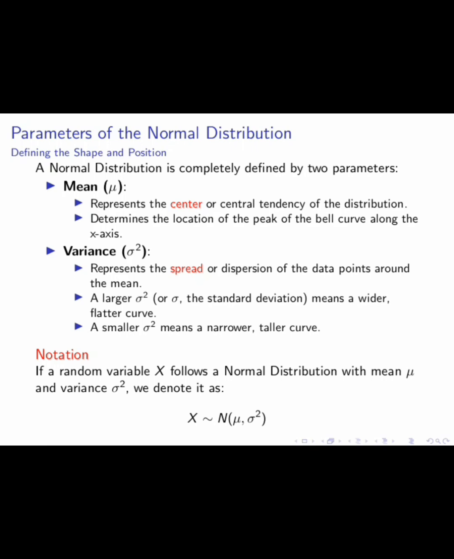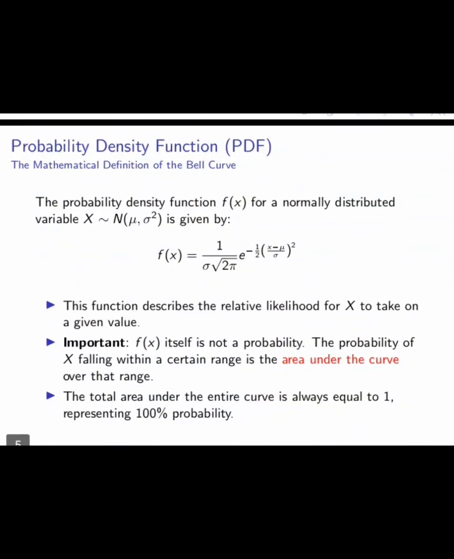Now back to the probability density function. The PDF of a normal distribution has a particular formula: f of x equals 1 over sigma square root of 2 pi, times e raised to the power minus 1 over 2 times (x minus mu over sigma) all squared.